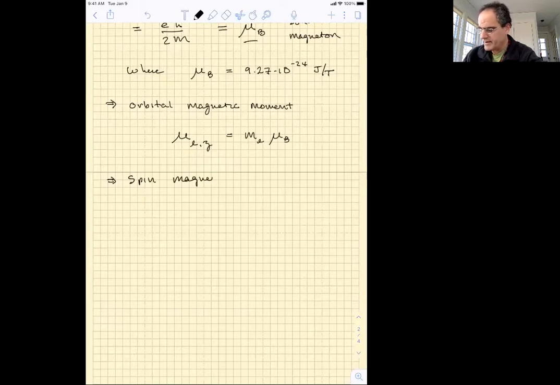Spin magnetic moment, which would be plus or minus g times 1/2.